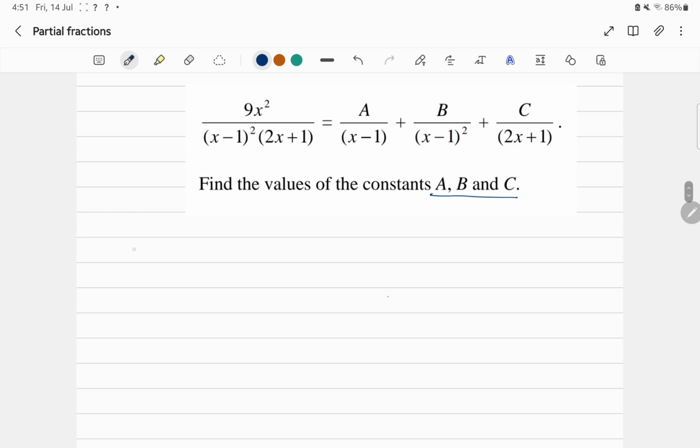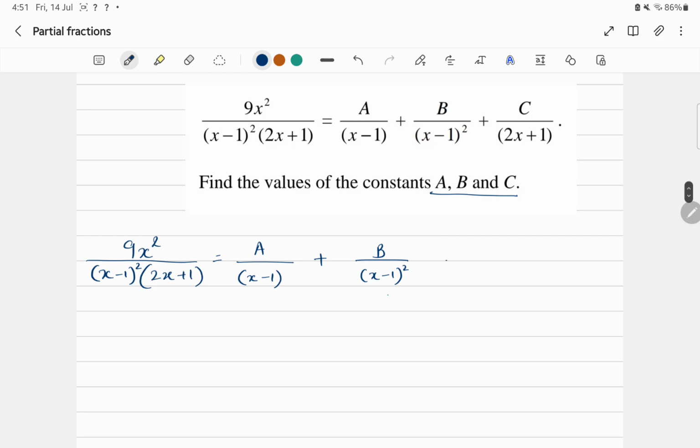So we have 9x squared over (x minus 1) whole squared times (2x plus 1) is equal to a over (x minus 1) plus b over (x minus 1) whole squared plus c over (2x plus 1).